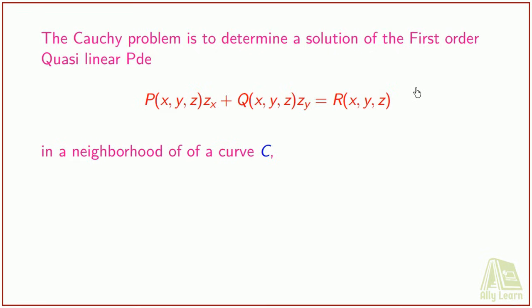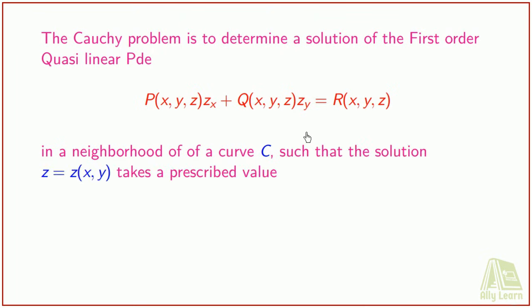We have to find a solution of this equation in a neighborhood of a curve C such that the solution takes a prescribed value, say z0, on C.